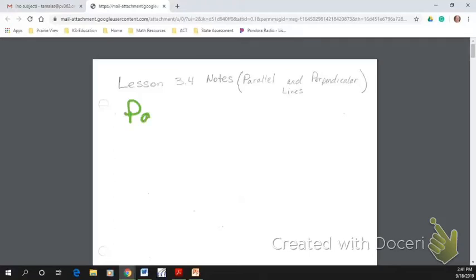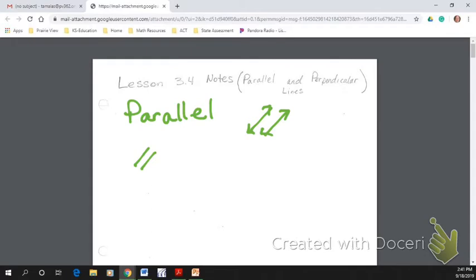Parallel. When two lines are parallel, that means they're lines like railroad tracks that never cross, correct? Yeah. And the symbol that you probably learned in geometry looks kind of like a slanted 11.